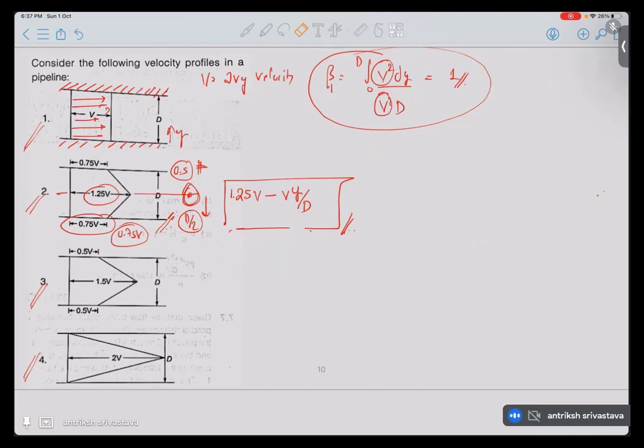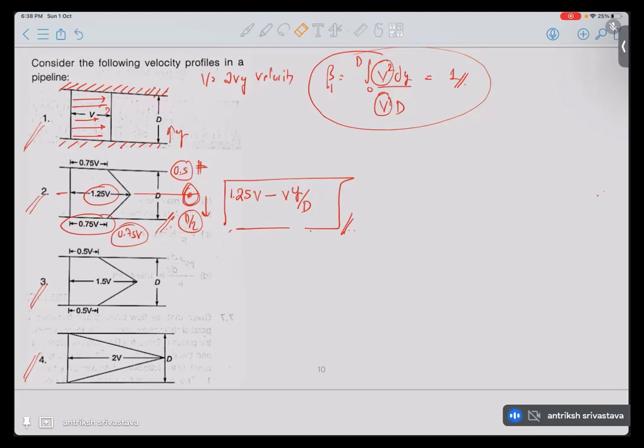So similarly, can we get the expression for the other two before we move on? Some messages I am getting, just a minute, let me check the message.